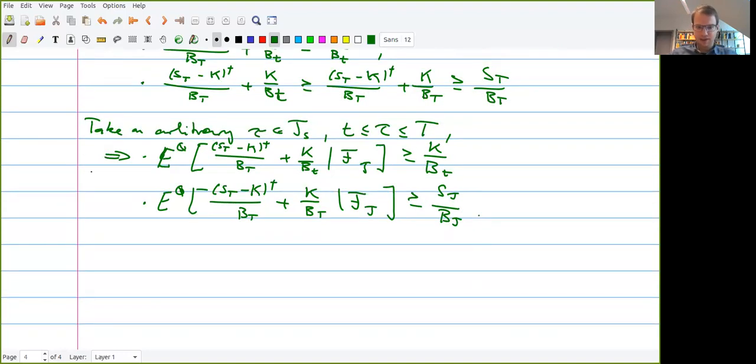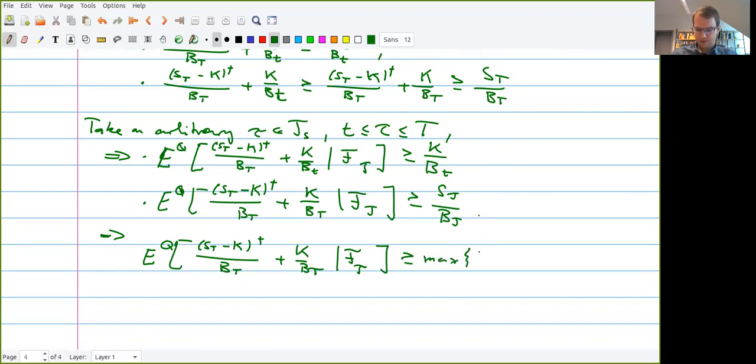Okay, now let us plug these two estimates together. So what do we get if we combine these two estimates? Well, what we get is that this quantity here can be estimated from below by the maximum of the first estimate and the second estimate.